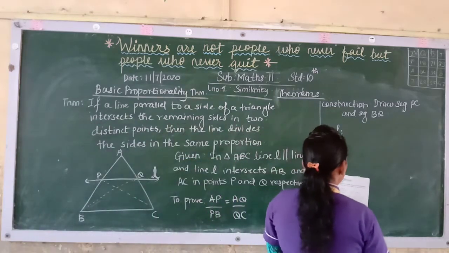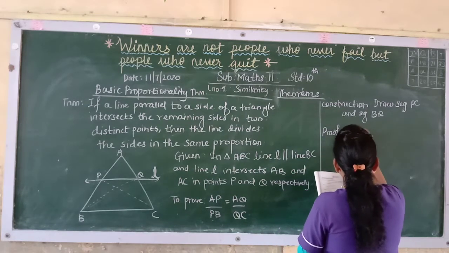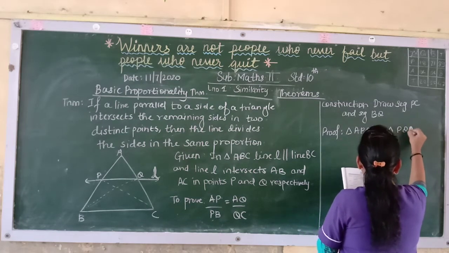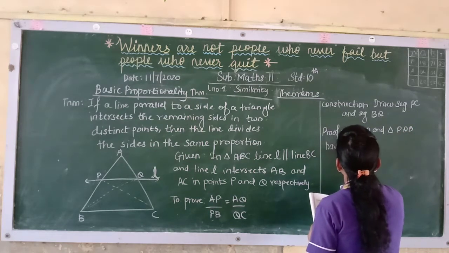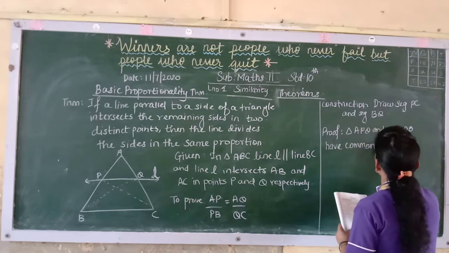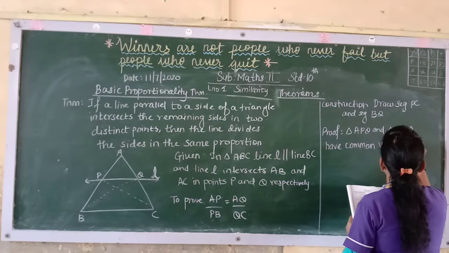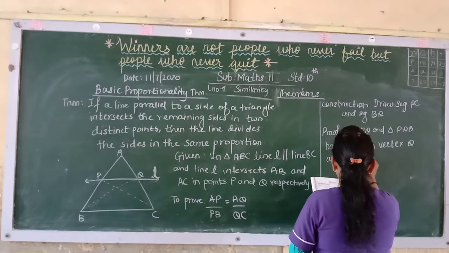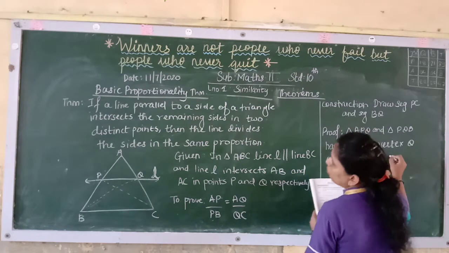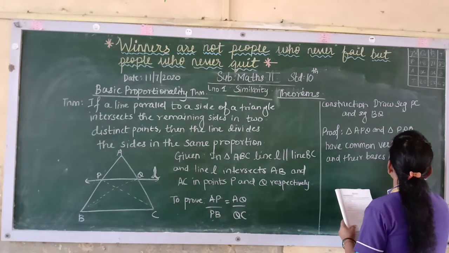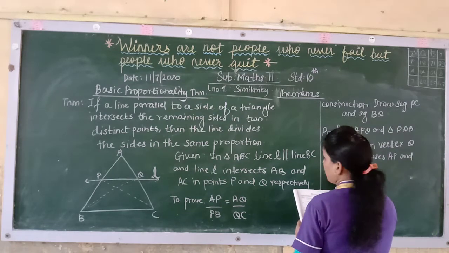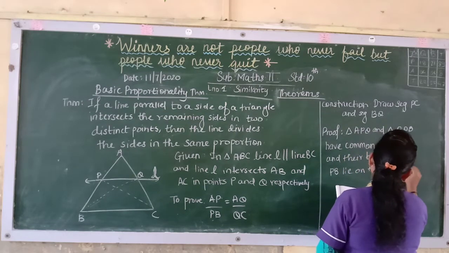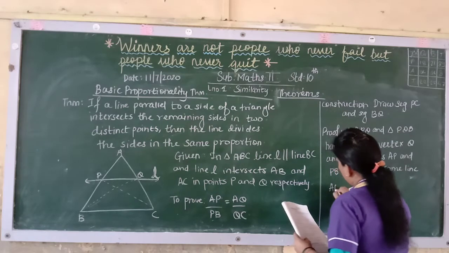So here you can write, triangle APQ and triangle PQB have common vertex Q and their bases AP and PB lie on the same line AB. See, they are lying on the same line AB.